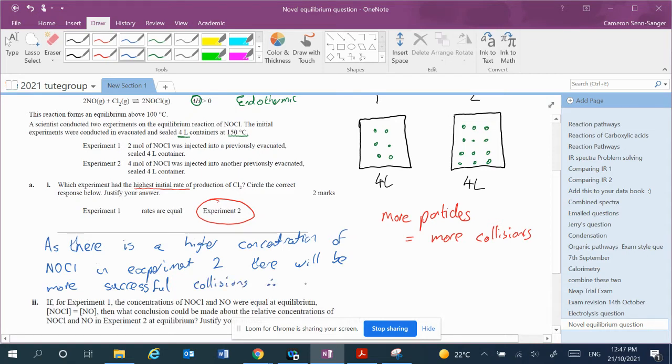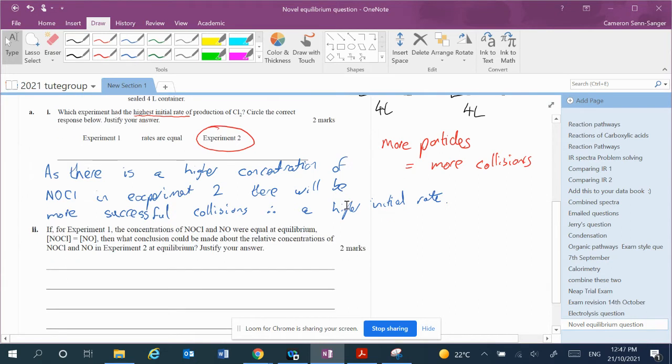Therefore, a higher initial rate. Again, spelling's important. Right, so that one's pretty easy, 2 marks.